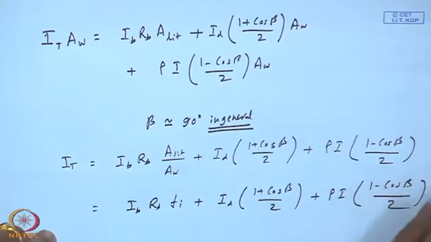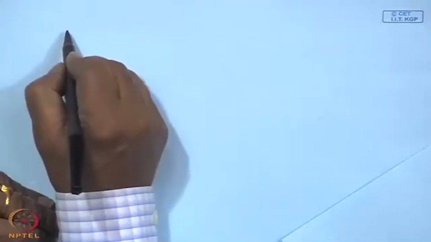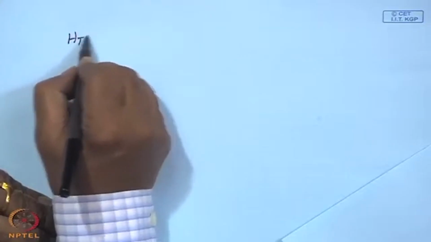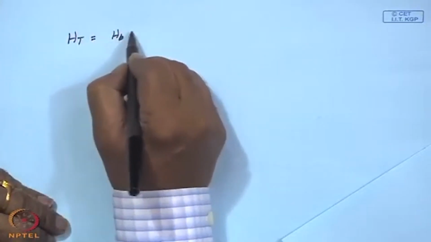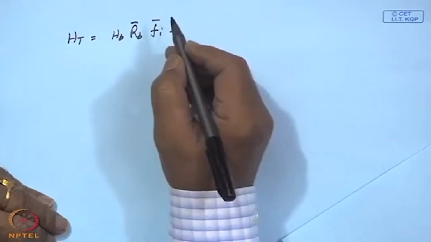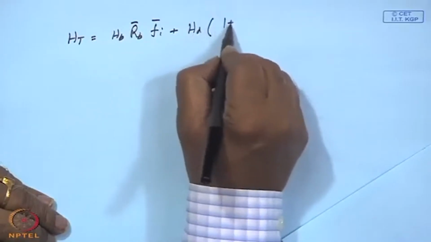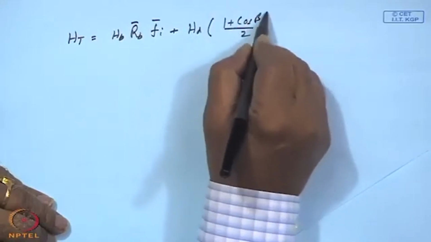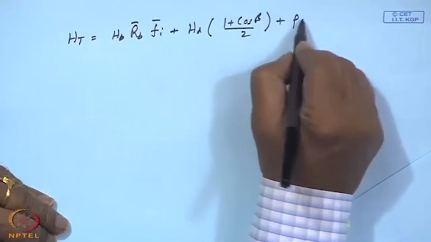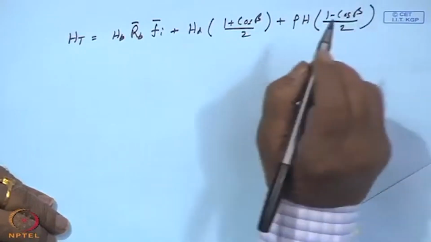Here I have divided throughout by A W. If I extend this, just like we have done for simple unshaded radiation, H T should be equal to H B R B bar F i bar, plus the diffuse radiation, which is like absorbed radiation except that this includes a shading factor, plus the ground reflected radiation.